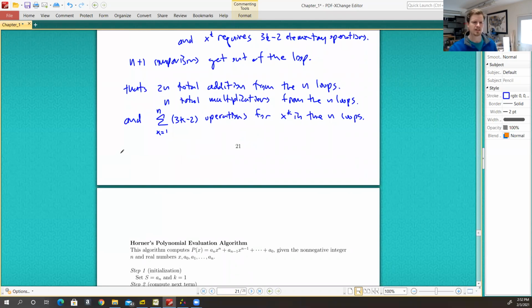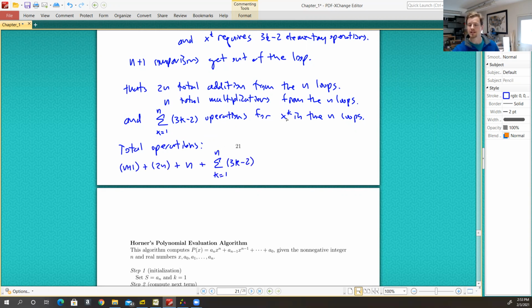So what does that give us? That's total operations. Well, I've got my n plus 1 comparisons. I have my 2n additions plus my n multiplications plus this sum from k equals 1 to n of 3k minus 2 for each of the x to the k's that are evaluated.